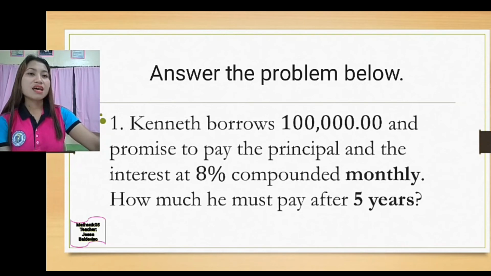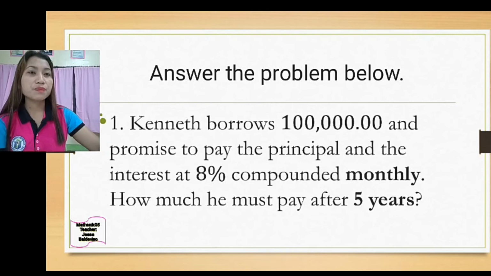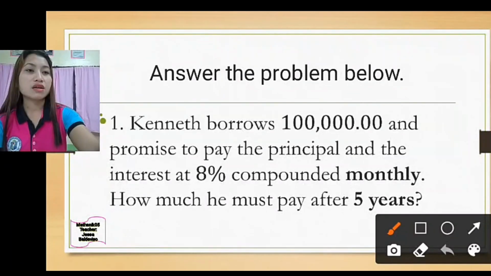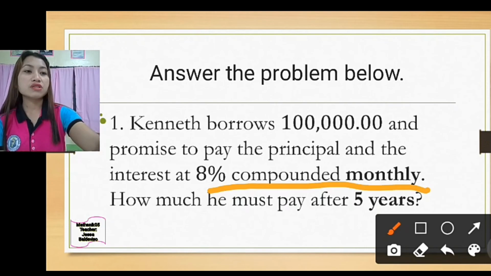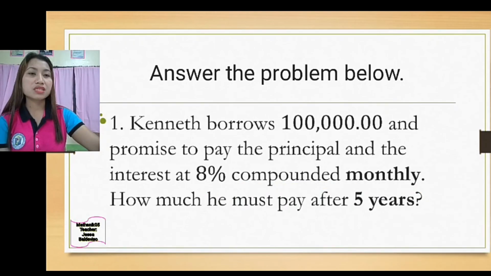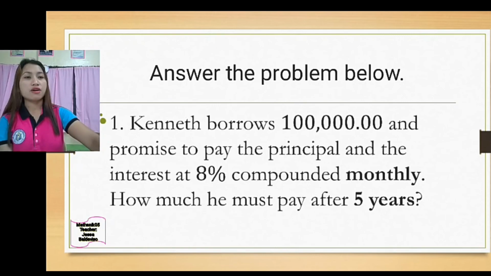First, Kenneth borrows 100,000 and promised to pay the principal and the interest at 8% compounded monthly. Remember, it is compounded monthly. The question is, how much must he pay after 5 years? So it should be paid by 5 years.